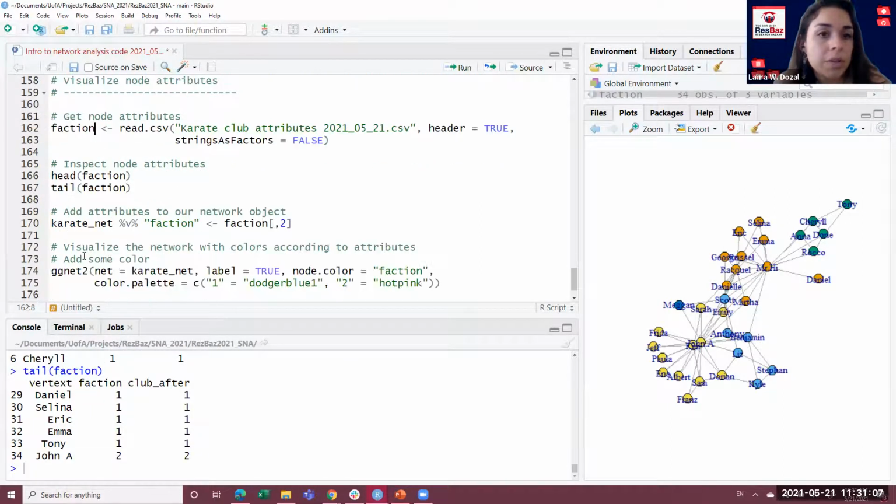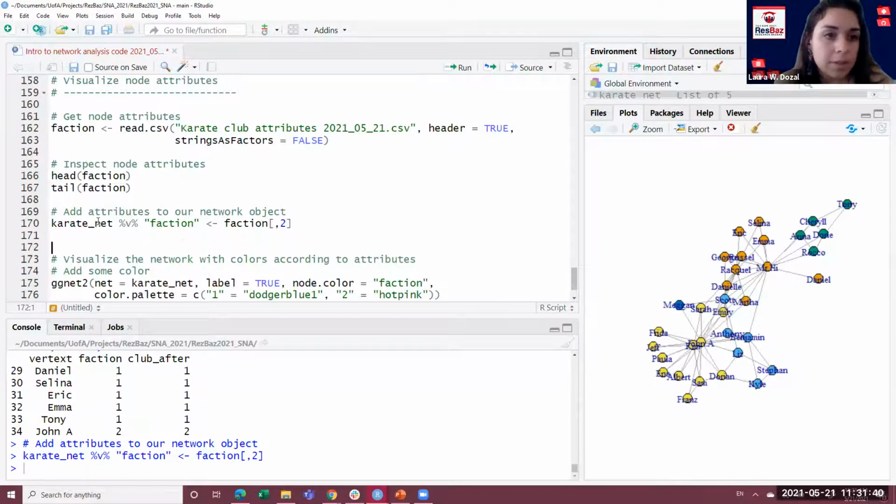We're going to add these attributes to our karate network. So we're going to pipe in our vertices. V here stands for vertices. So we're adding faction to our vertex attribute, and it is, I guess, the column aspect.